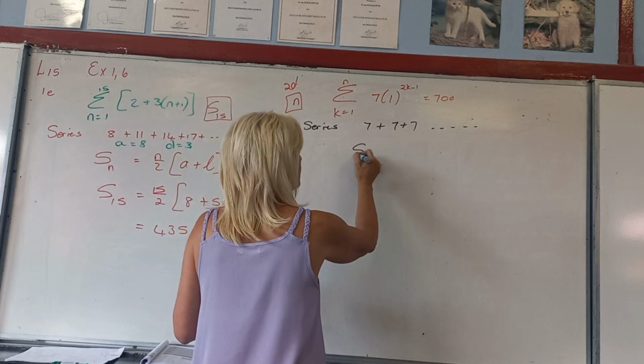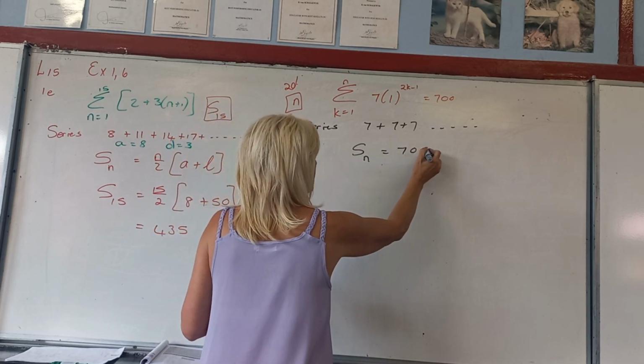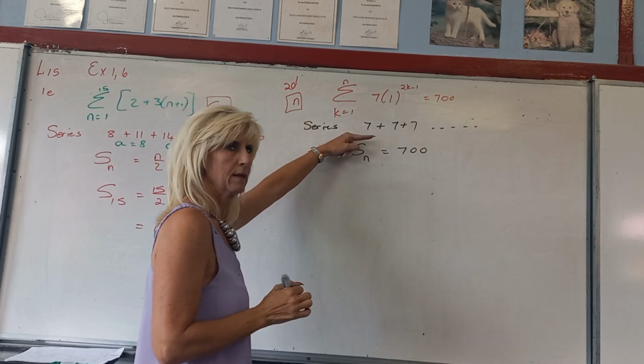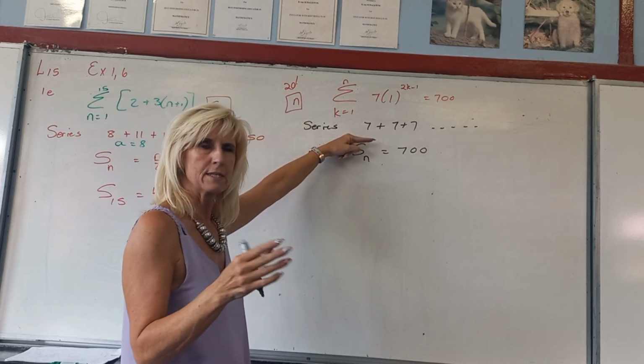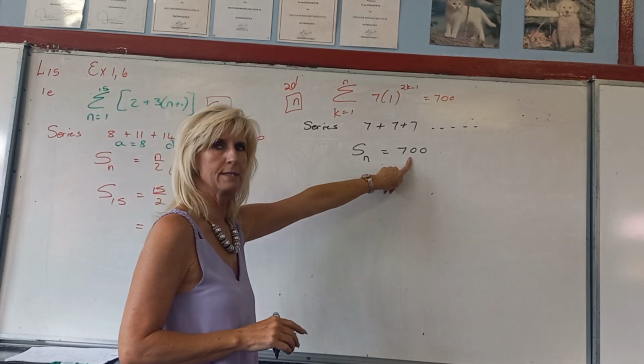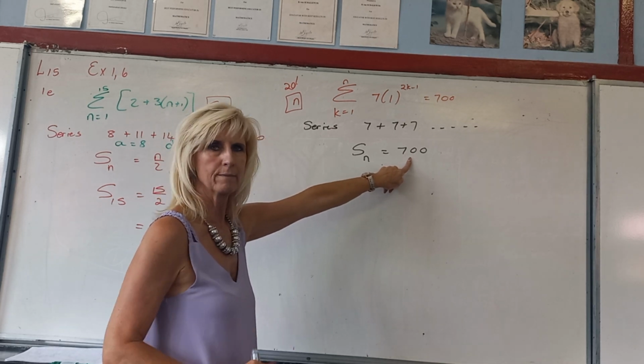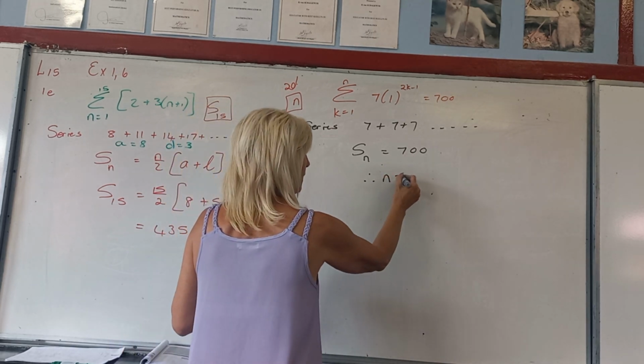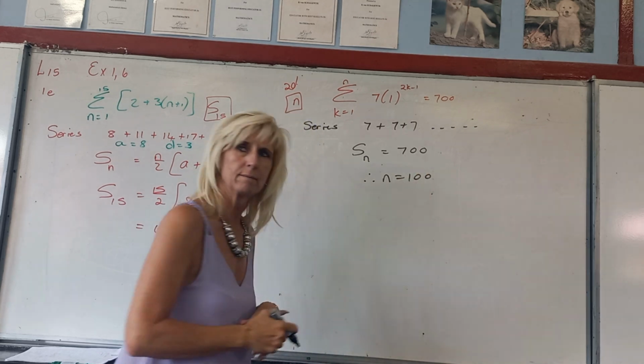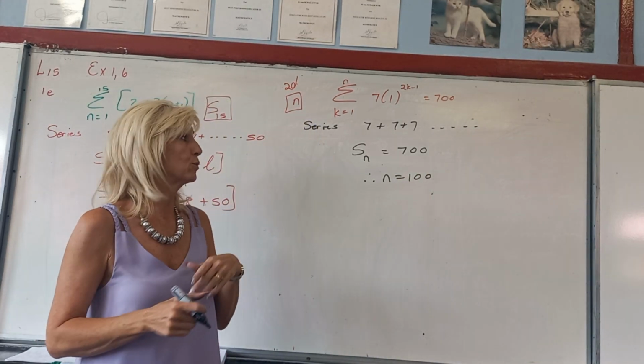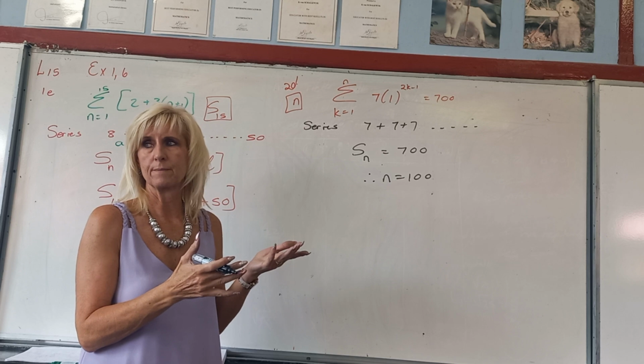I know that Sn must be equal to 700. It's just adding 7 and 7 and 7. So how many times must I add 7 to get to 700? And the child that just gave me the answer? It's perfect. And it wouldn't have been more than about 2 marks.